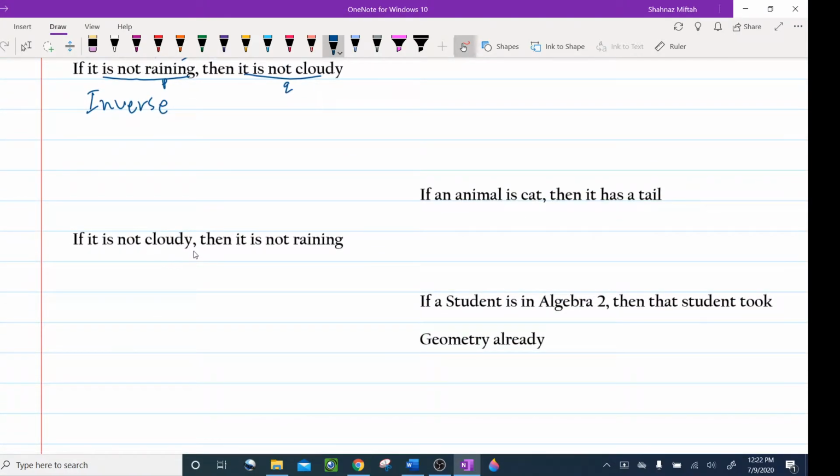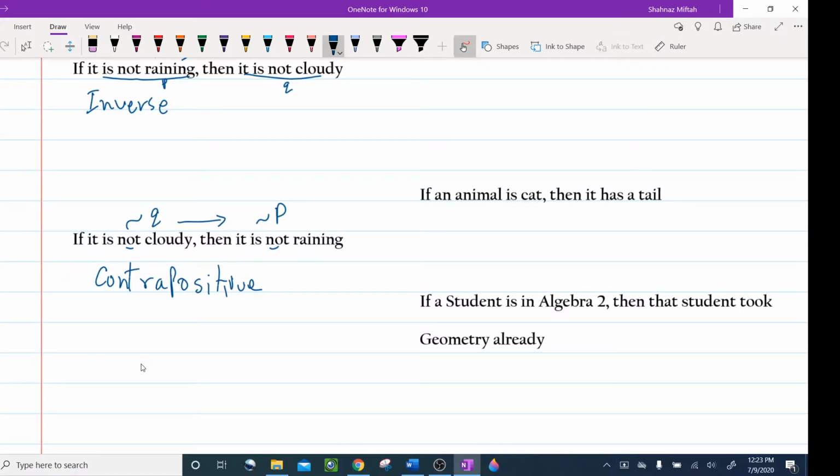If it is not cloudy, then it is not raining. Now I switch the P and Q, since that one was Q and that one was P, but since we are using not, we use the squiggly line. If not Q, then not P. This is my contrapositive example.